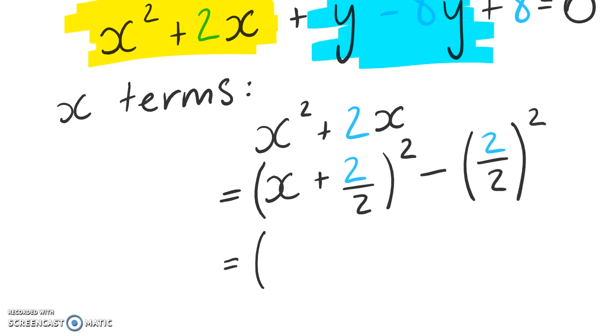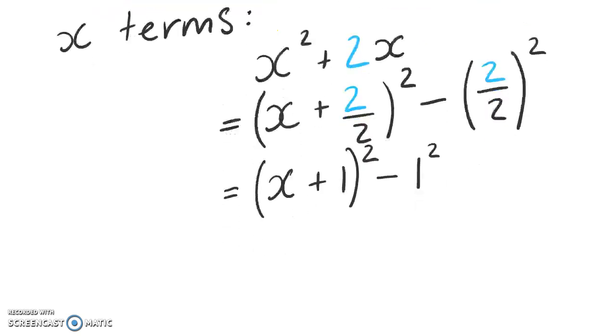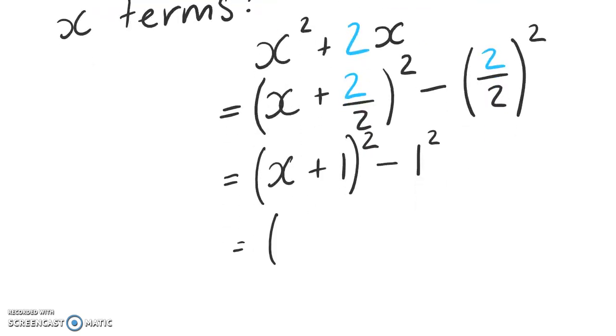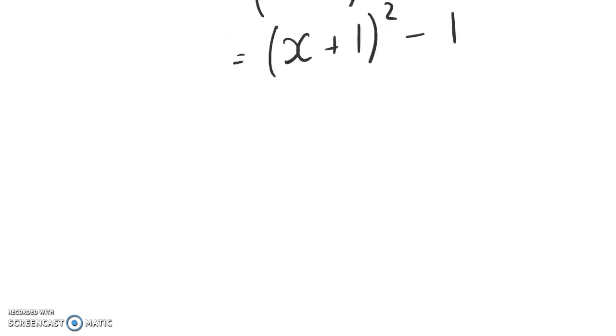So that's equal to x plus 1 squared, take away 1 squared, which is just x plus 1 all squared, take away 1. And we've completed the square for our x terms.